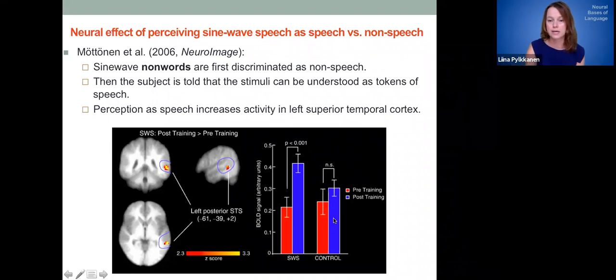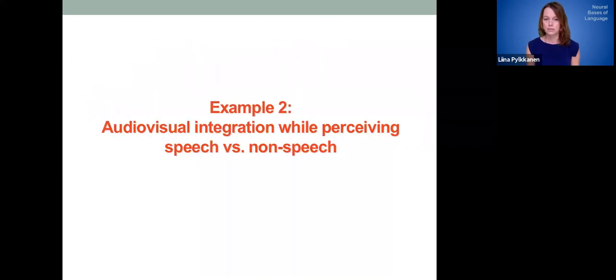Here we can see how much change you would expect just on the basis of first versus second. And obviously the increase for the sine wave stimuli is much, much larger. That tells us something about the effect of perceiving speech in superior temporal cortex.